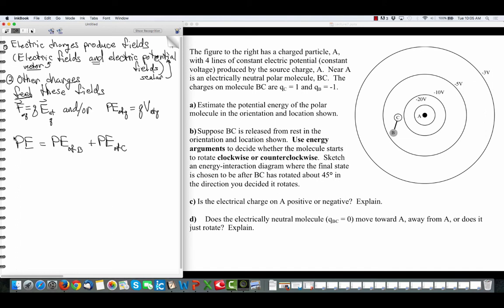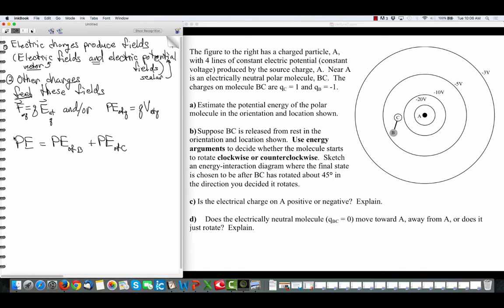So let me remind you, my standard way of reminding people of energy: the direction that something wants to move, if you release it from rest, is toward lower potential energy. If I release that piece of chalk, it drops. Why does it drop? One way of discussing that is because the potential energy goes down in that direction.